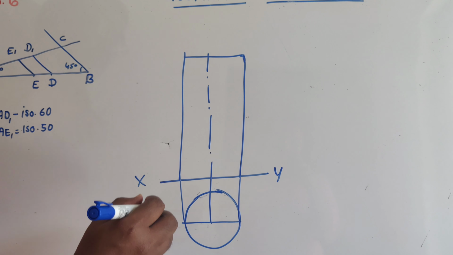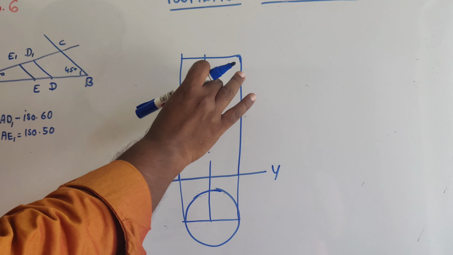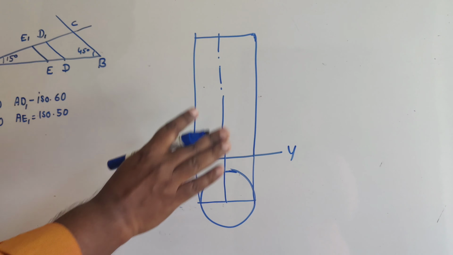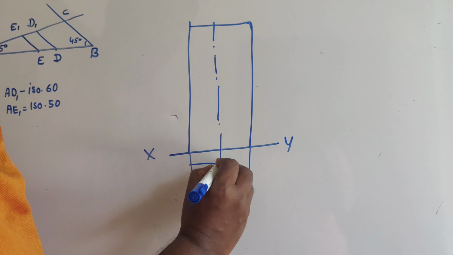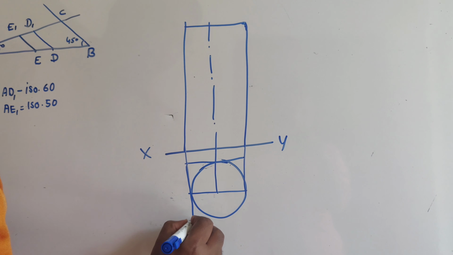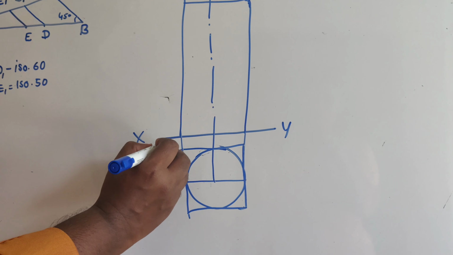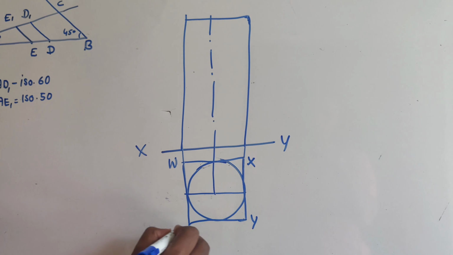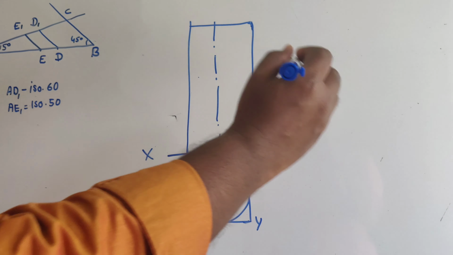Again, as in the case of the cone, the points on the front view are not much important, so I am not going to mark any of the points there. The only thing we are interested in is to have a box and name the box properly. Like in the case of the cone, you can mark it as W, X, Y and Z. Now we can repeat the same thing.